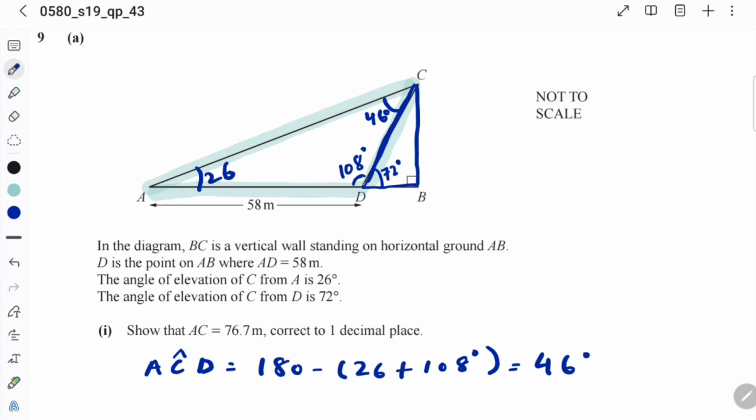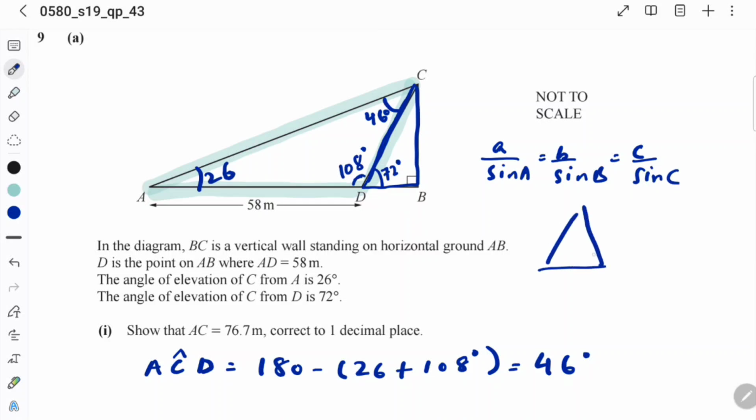Opposite to side AC is 108. The sine rule is a upon sine A equals b upon sine B equals c upon sine C. For example, if you have any triangle ABC, then a upon sine A, b upon sine B, and c upon sine C. You just have to see the side and its opposite angle.